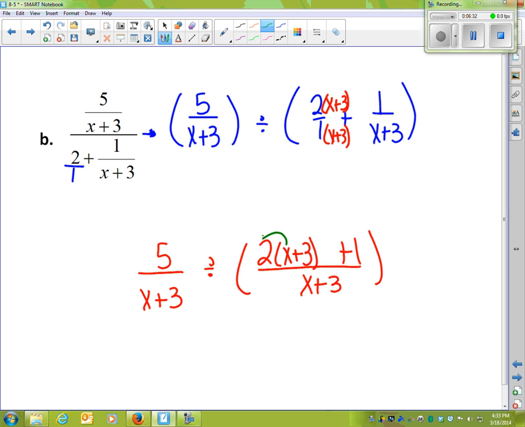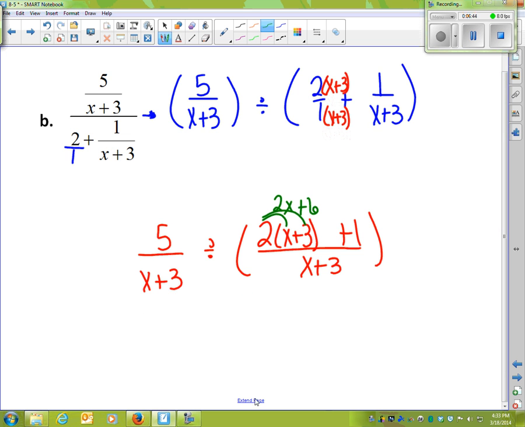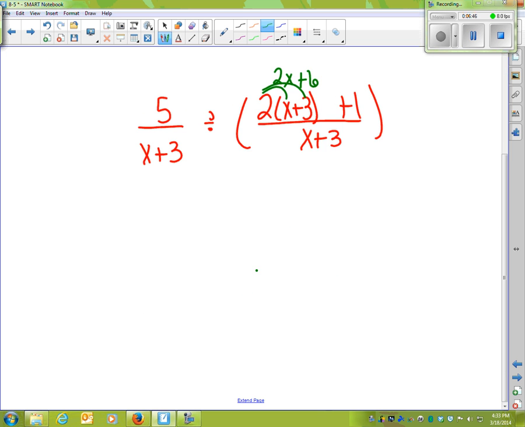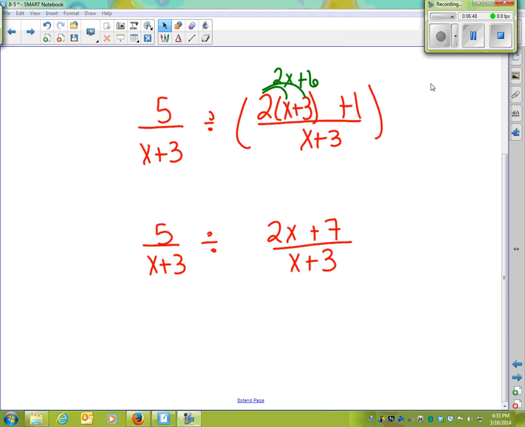Let's distribute this. It'll give me 2x plus 6, and then add the 1. That was 2x plus 7 divided by x plus 3 is now my denominator.